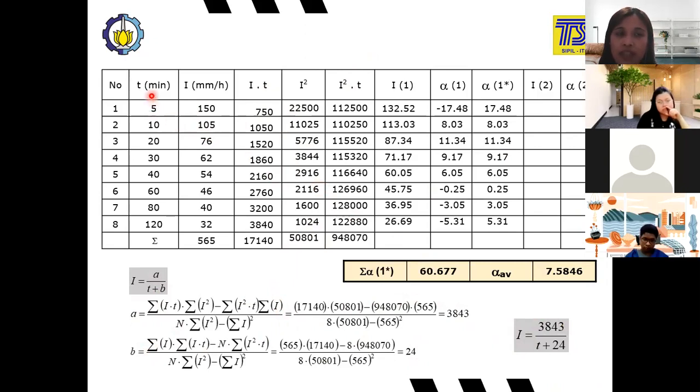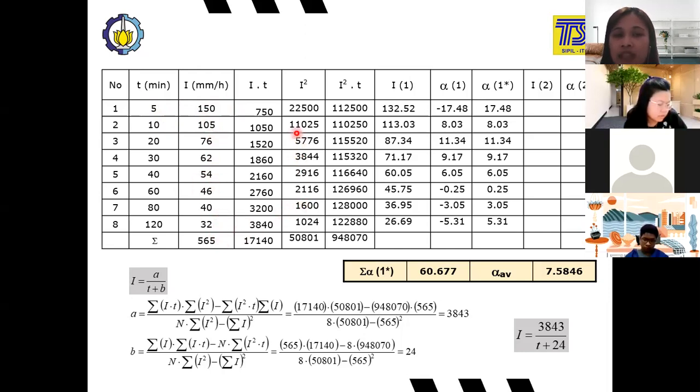So we have data of rainfall in 2 hours. Here we have 5 minutes, 10 minutes, until 120 minutes. And then we have the rainfall intensity at those particular times. Like in the first 5 minutes, the rainfall intensity is 150, and then it decreases until it stops.